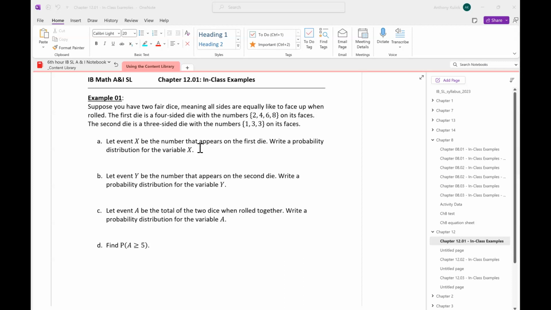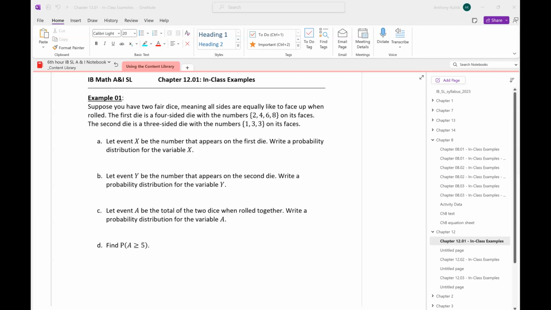The first die is four-sided. It has the numbers 2, 4, 6, 8. And the second die is three-sided. The numbers on it are 1, 3, 3. Part A says, let X be the number that appears on the first die. Write a probability distribution for the variable X.